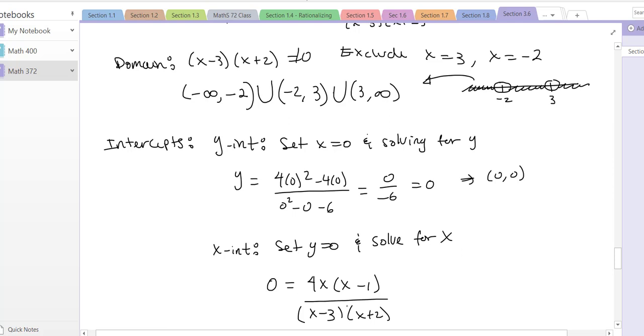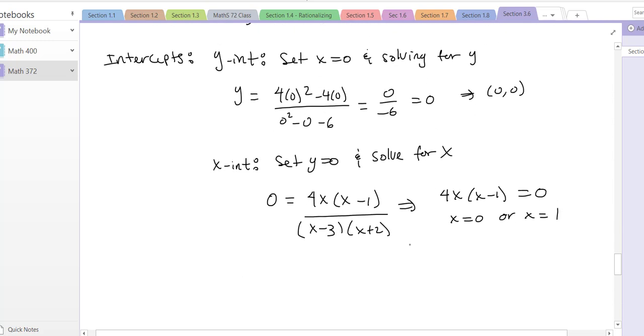A fraction is 0 when the numerator is 0, so I'm really solving for just the numerator: 4x times x minus 1 equals 0. When you have a fraction, if the denominator is 0, then your whole fraction is undefined. So the only time that a fraction is going to be 0 is if the numerator is 0. So here either x is 0 or x is equal to positive 1. So those are our x-intercepts.